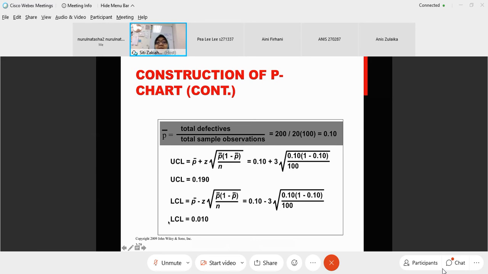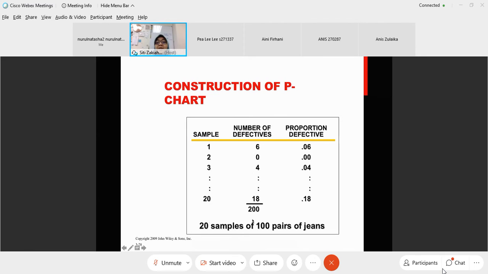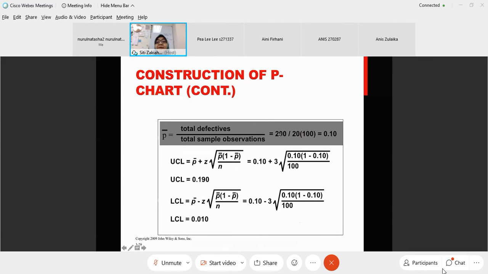Okay, let's go back. Total defectives, total sample observations. That means over 20 days, we take every day 100 pairs for the sample. So 200 divided by 20 times 100, where you get 0.10.